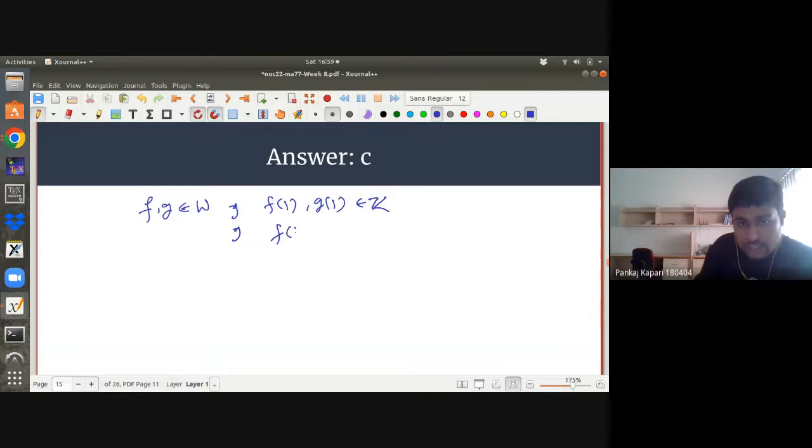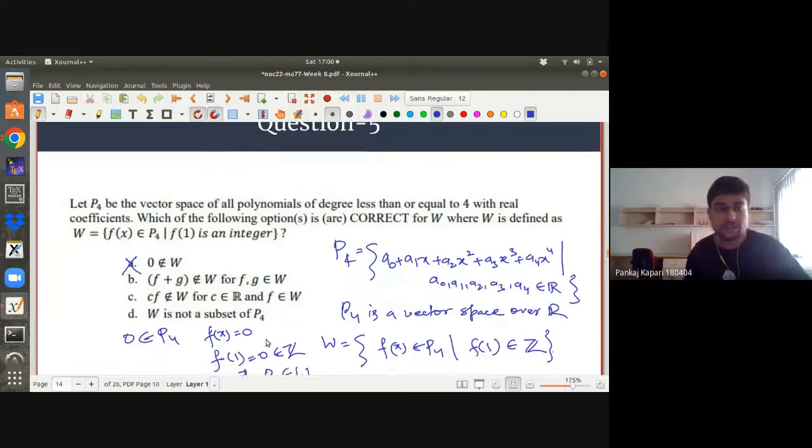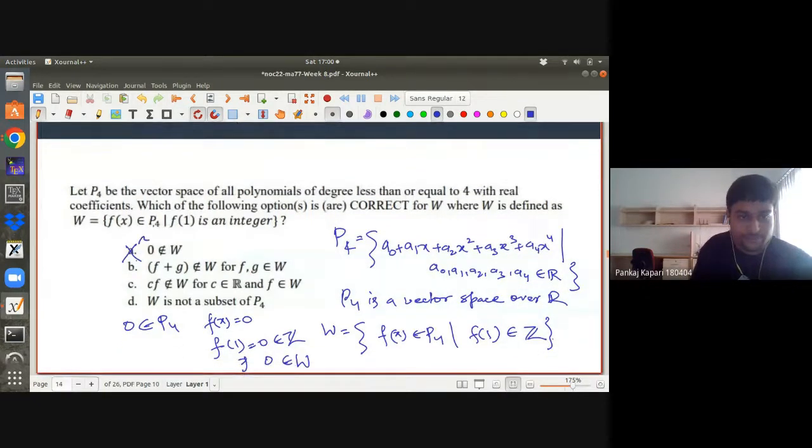If you add two integers, f(1) plus g(1), they also lie in Z, and that is (f plus g)(1), which is equal to f(1) plus g(1). That is also an integer. This implies that f plus g satisfies the definition of our set W, that is, f plus g belongs to W. So this option is also incorrect, because f plus g belongs to W whenever f and g are in W. This is also wrong because W is actually a subset of P4.